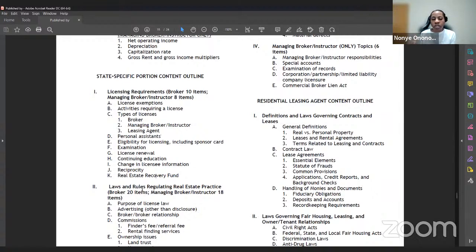What this fund does is it keeps money set aside, and the person who has been aggrieved or hurt by me or by a licensed person would have to go through the courts first and meet certain criteria. They have to notify IDFPR that they're filing this lawsuit, and there are some time frames, so know those time frames.